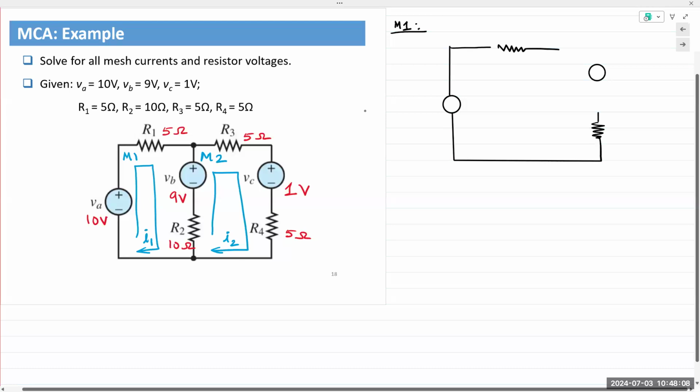So my components are the same size. The space that my diagram is occupying is large. Okay, VA plus minus, VB plus minus, VA, VB, R1, and R2.